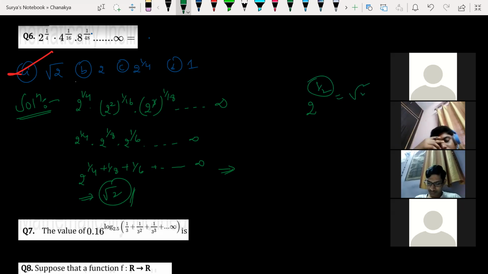If I take 1 by 2 common, I remain with 1 by 2 plus 1 by 4 plus 1 by 6 and so on. So root 2 is the answer. You understand, children? Any doubt here?